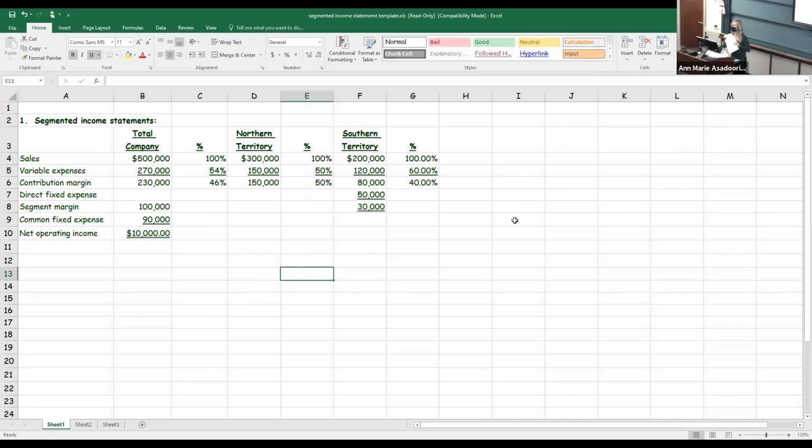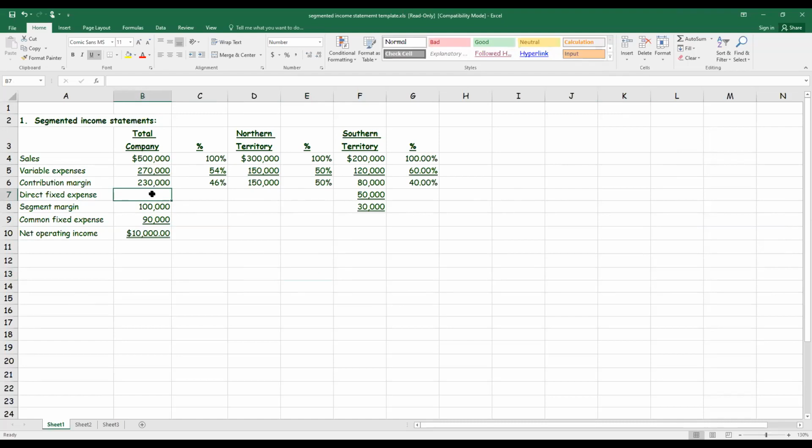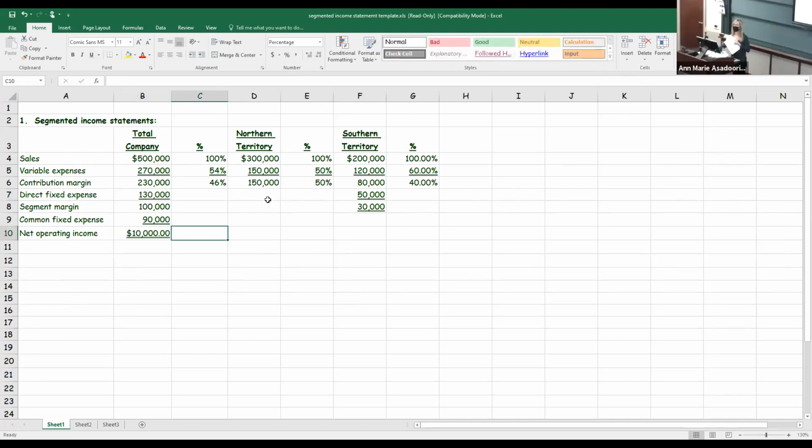Somebody that hasn't said anything yet? Utah? The direct fixed expense of the total company will be 130,000. Perfect. Which means what's the direct fixed for the North Territory?